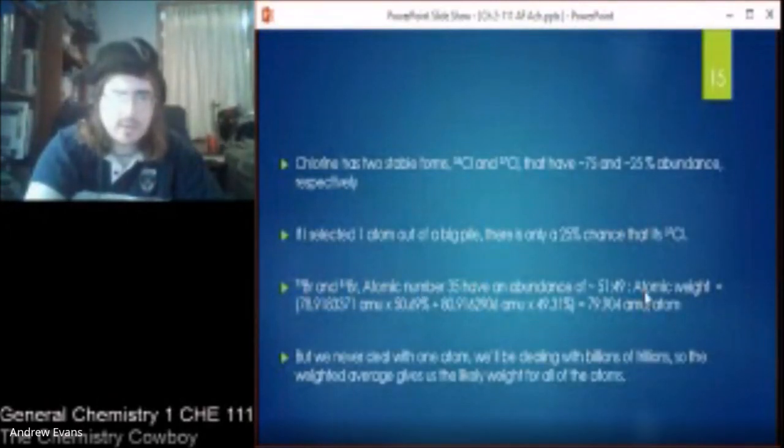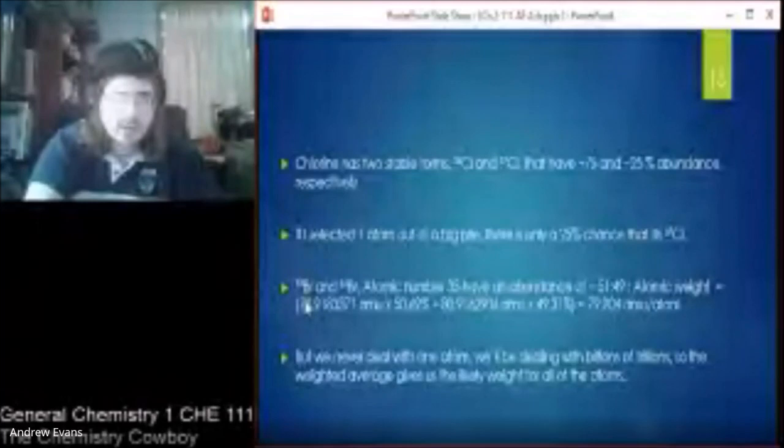So how do they actually calculate that number? They take the atomic mass of bromine 79, which is 78.91833371, and multiply by its abundance, which is 50.69. I rounded to 51 for the sake of simplicity, but it's 50.69. You multiply those two together. You turn the percent into a decimal.